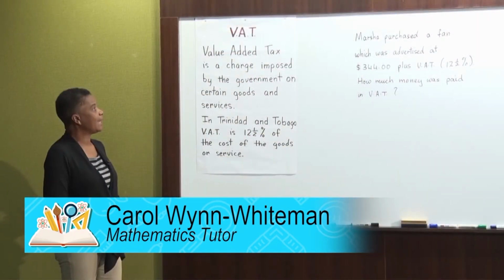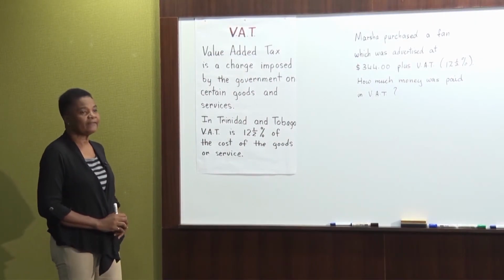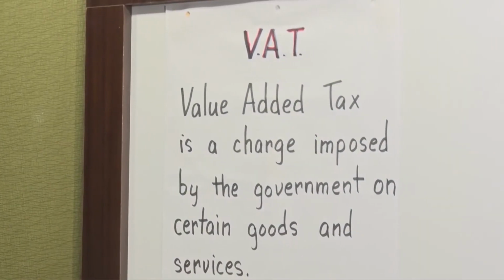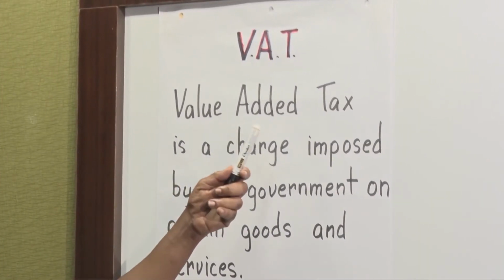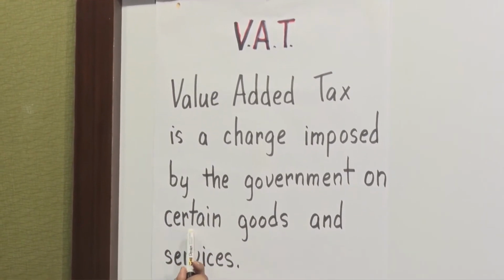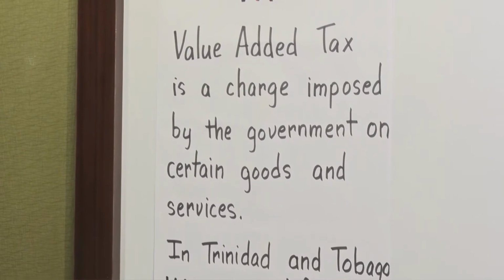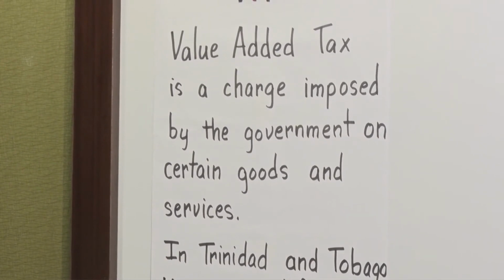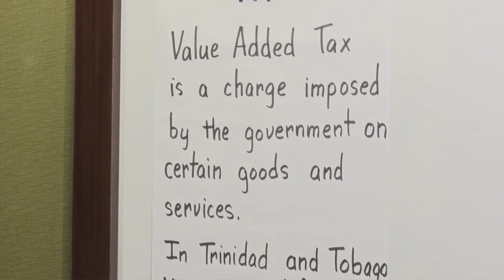Now, boys and girls, we're on to the final part of today's session, value-added tax. What is value-added tax? Or, as we like to say, VAT. Value-added tax is a charge imposed by the government on certain goods and services.